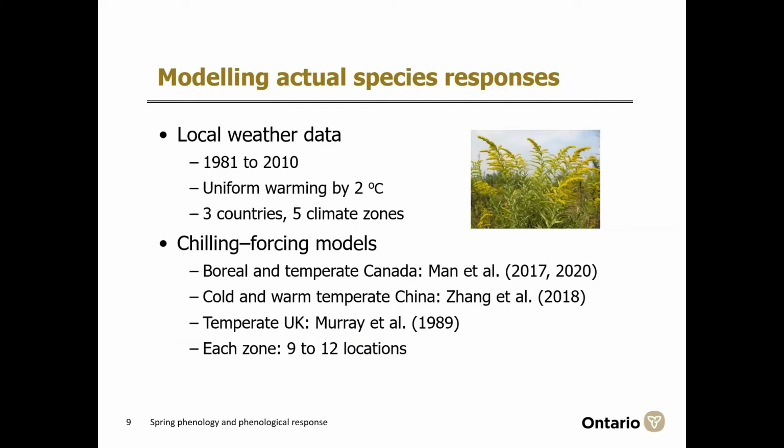In a more complicated scenario where both chilling and forcing requirements are considered, I use species-specific phenological models developed in 9 climate zones in Canada, China, and the UK. Within each zone, I use historical weather data from 9 to 12 locations to simulate how plant spring phenology responds to a 2-degree uniform increase of baseline temperatures between 1981 and 2010.